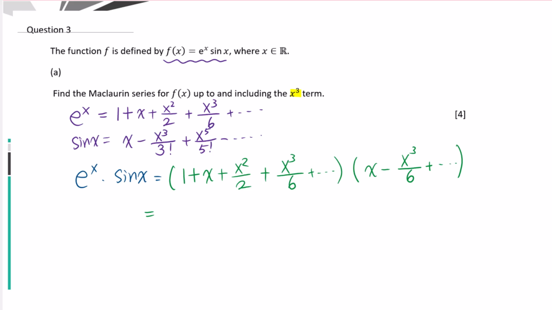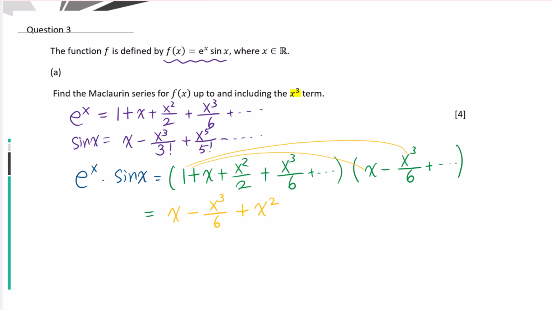Do the FOIL. 1 times x, and 1 times negative x to the third power over 6. We got x minus x to the third power over 6, plus x times x is x squared. x times x to the third power is x to the fourth power.